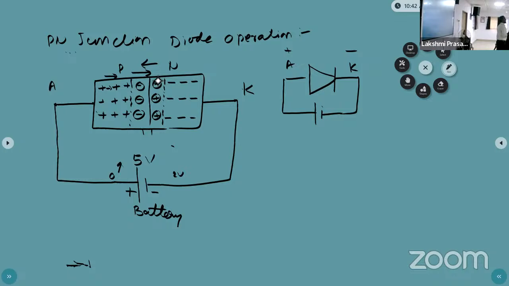So the current is allowed through the PN junction diode, and this connection is called, what is the connection? Forward bias. Now that battery and diode connection is called the forward bias. In forward bias, is the diode allowing the current or not?